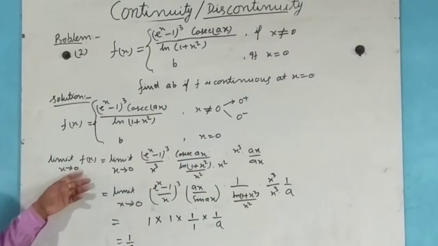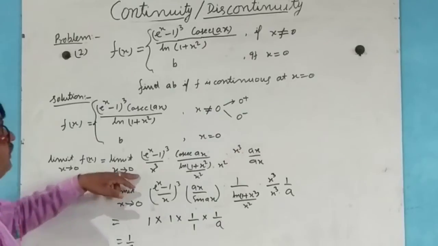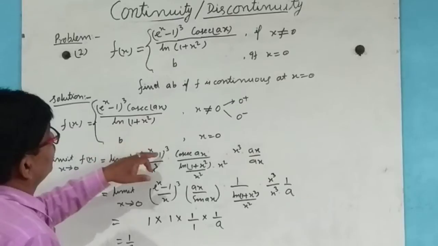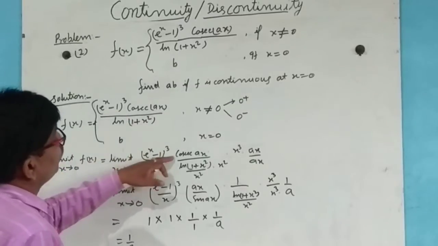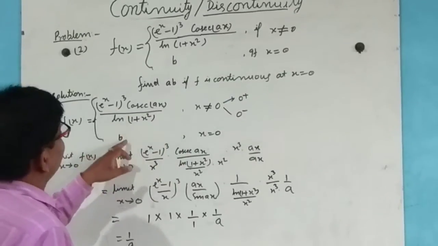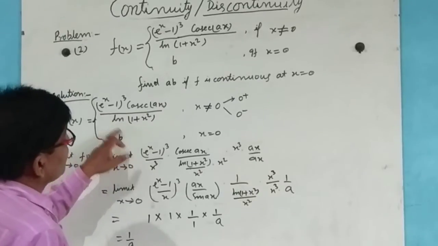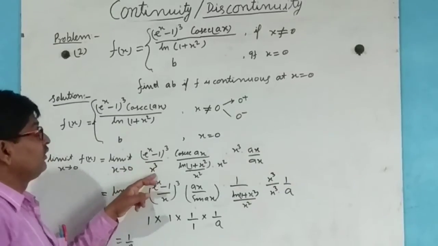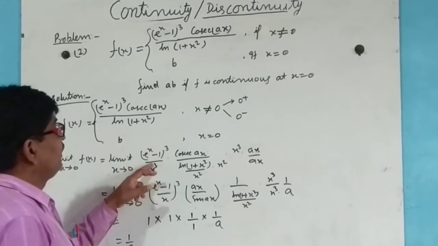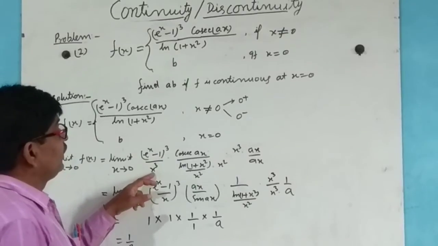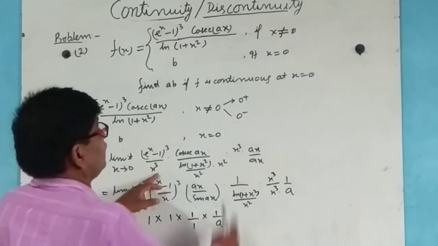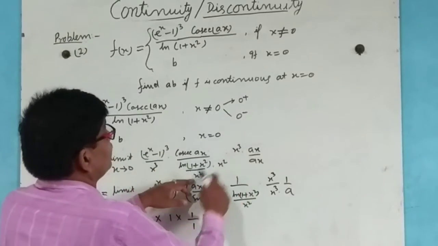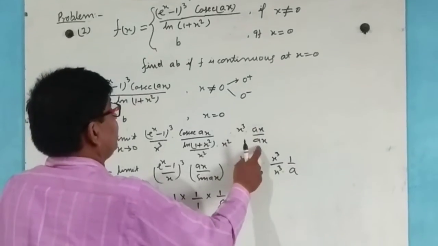So limit x tends to 0 of f(x). Now (e^x − 1)³ cosec(ax) divided by ln(1 + x²), here we need x³, because (e^x − 1)/x equals 1, so we multiply here, and x² and ax by ax.